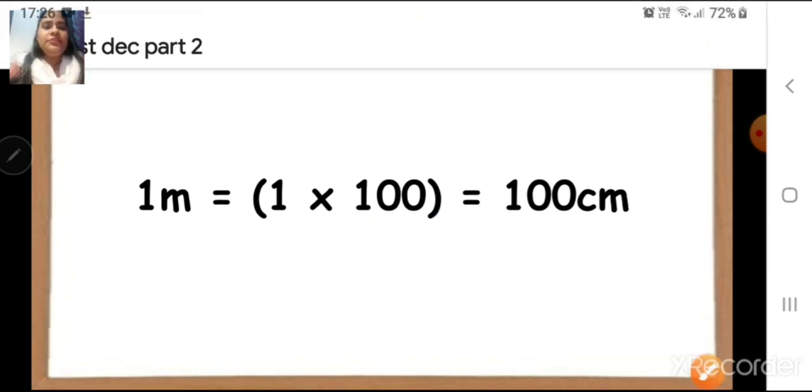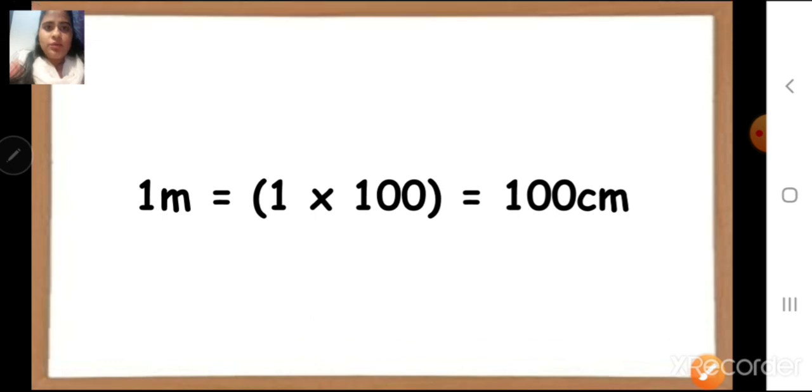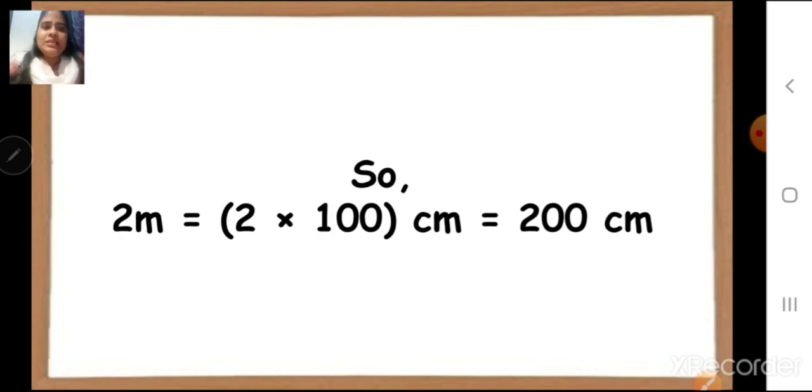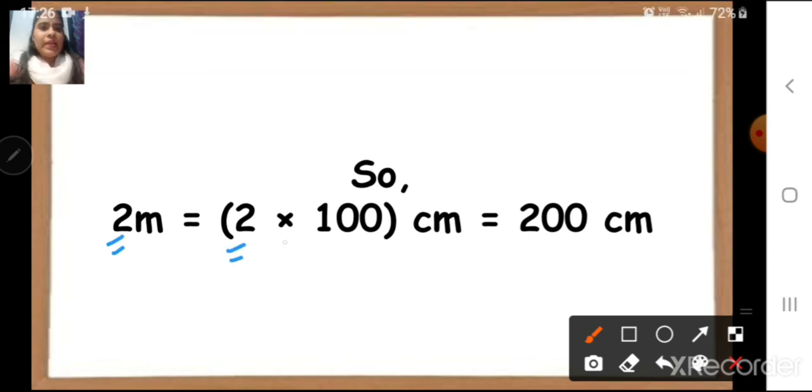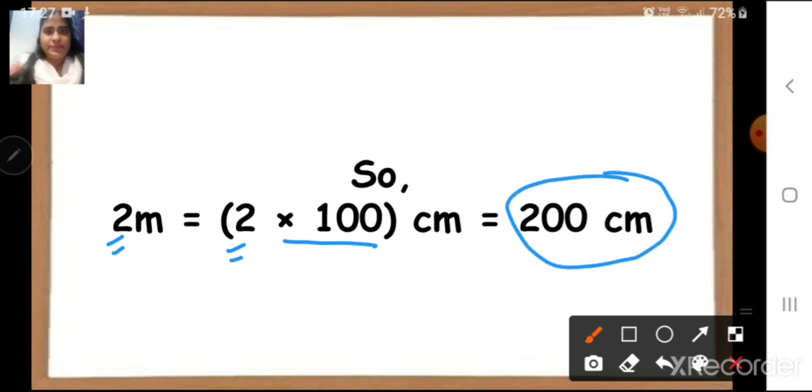Same way, if I want to find out what is 2 meters, like in the almirah example, so 2 meters is equal to 2, which is the number, we have to multiply by 100, so that we will get our answer in centimeters. So 2 into 100 is equal to 200 centimeter.